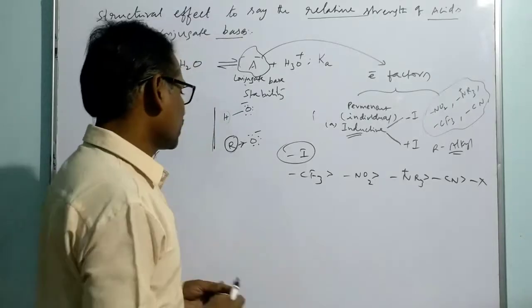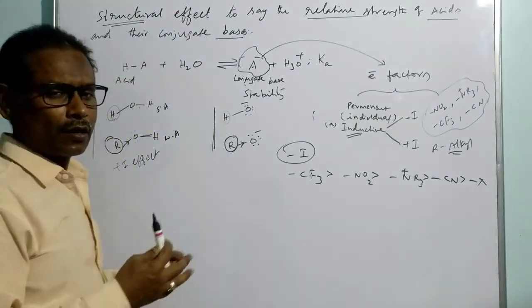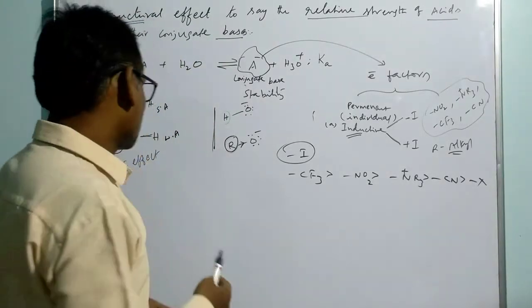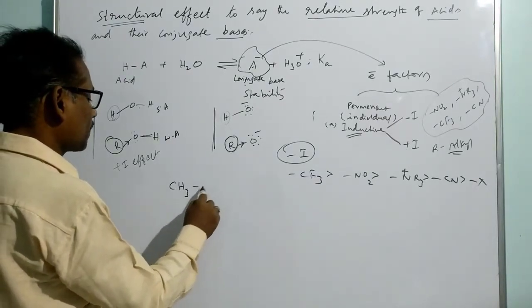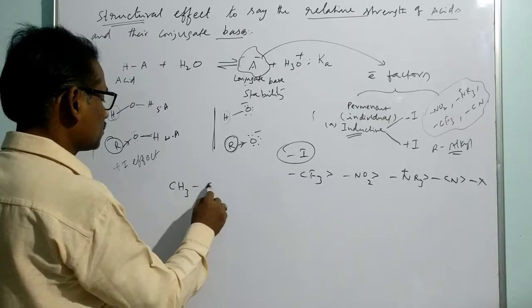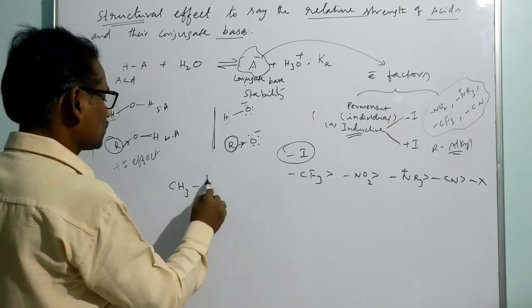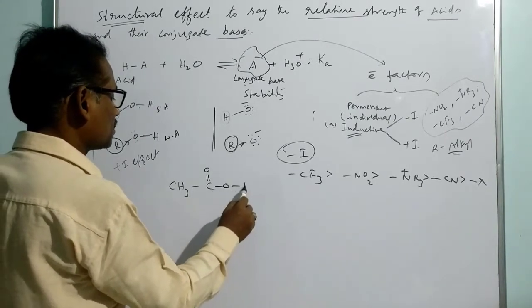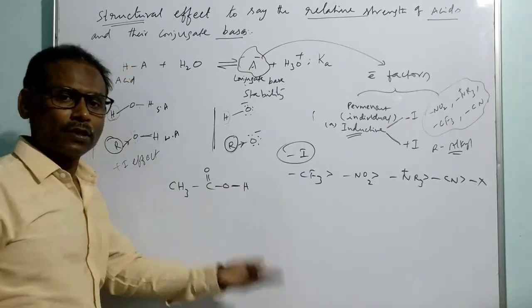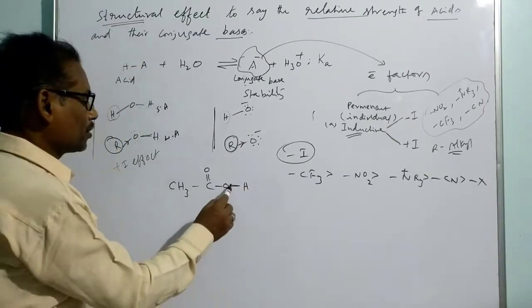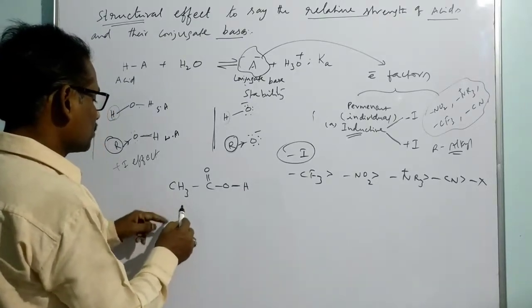That means if you take some compound, either alcohol or carboxylic acid, for example CH3COOH, this is a carboxylic acid. It is a polar bond, and ejection of proton makes it a stable one. So in order to improve the polarity, let me substitute different groups here.